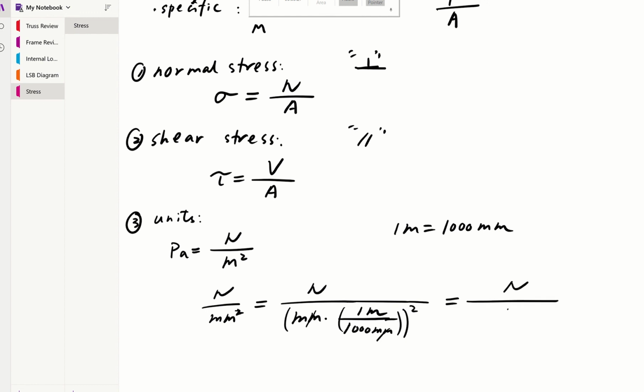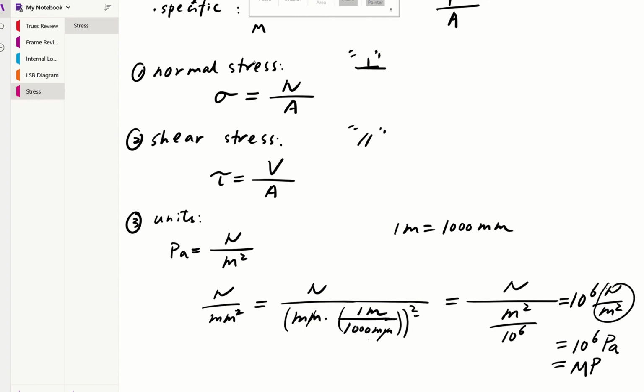We get Newton over meter square, and 10 to the 3 to the power of 2, that would be 10 to the power of 6. Then flip it up: 10 to the power of 6 Newton per meter square. That gives us 10 to the power of 6 Pascal, because Newton per meter square is Pascal. And what's 10 to the power of 6?